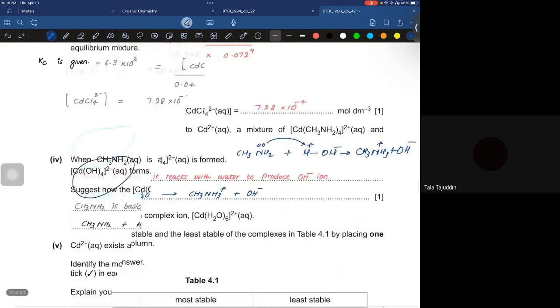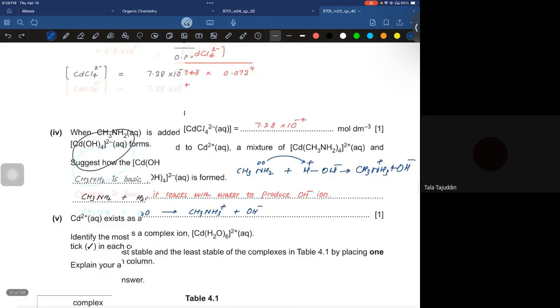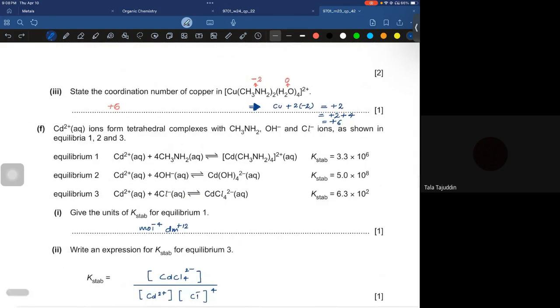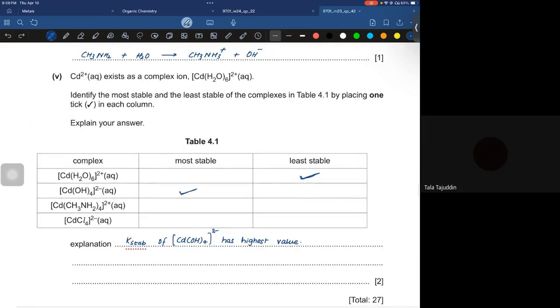So I can say that this compound is the most stable one because it has the highest K stab value, of course. And then what's the least stable? So the least stable one is, I think, cadmium water.